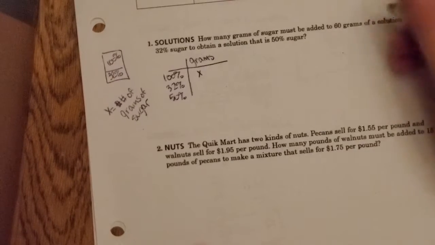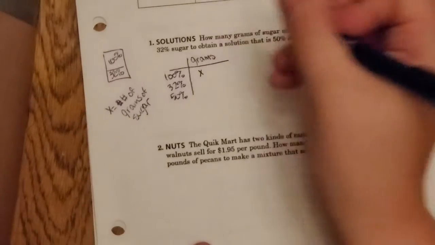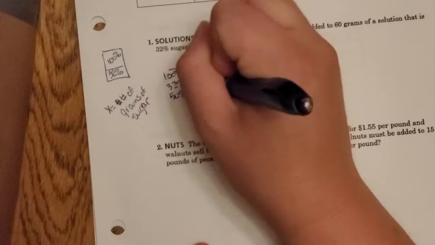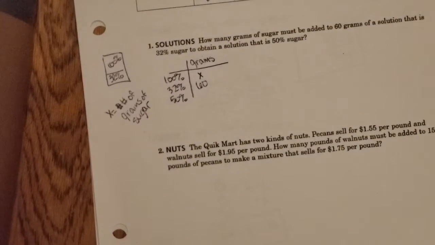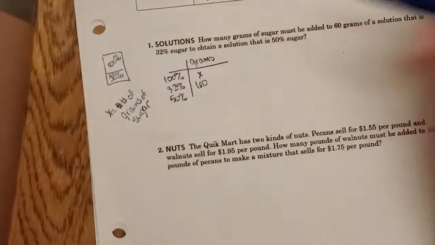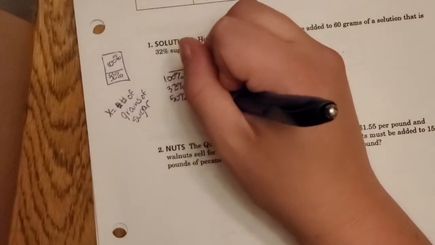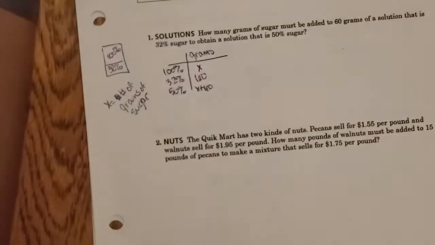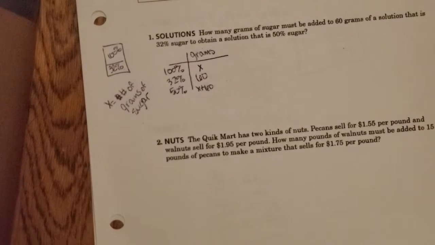Okay, and then I know I have 60 grams of 32% solution. And remember, the 32 and the 100 have to make up the whole thing. So I have X plus 60 for my entire solution.